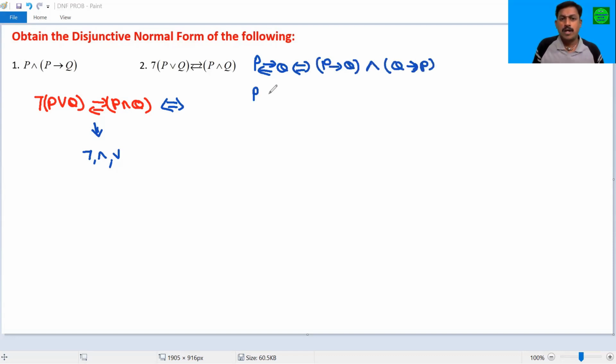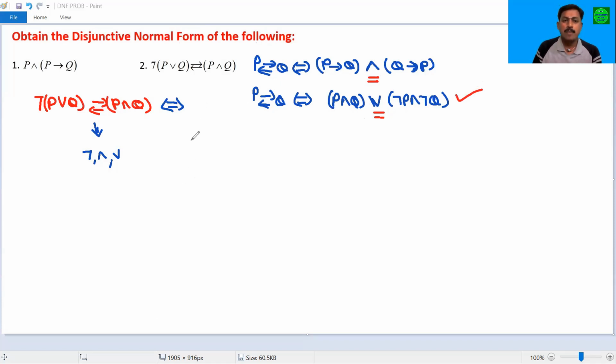It is one formula, and another formula is P biconditional Q equivalent to (P and Q) or (not P and not Q). Here if you observe the two formulas, in between the brackets we have the conjunction in the first, and in the second, in between the brackets we have the disjunction. To solve this disjunctive normal form, we need disjunction in between the brackets. So therefore we have to select this formula to solve this problem.